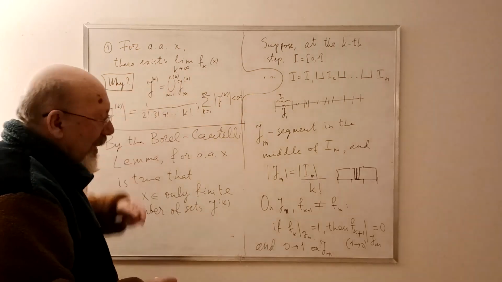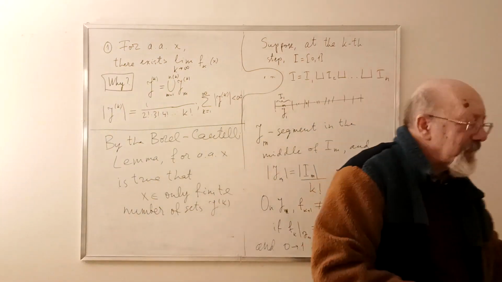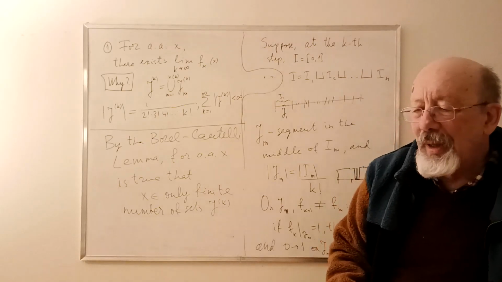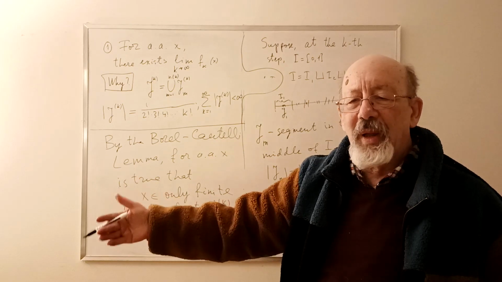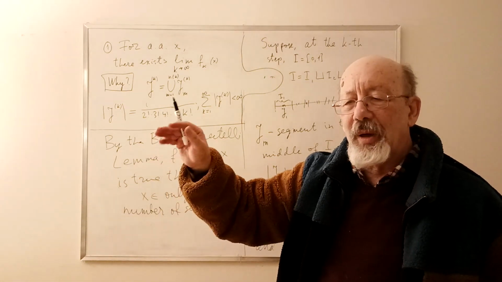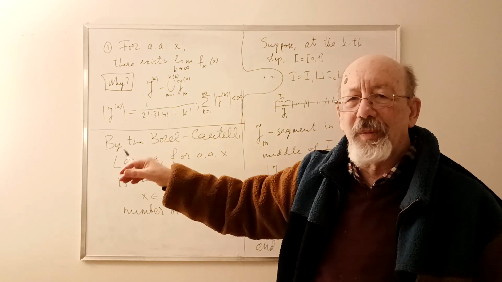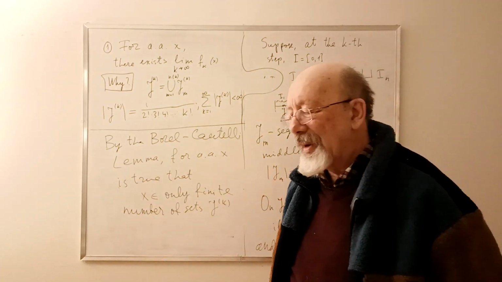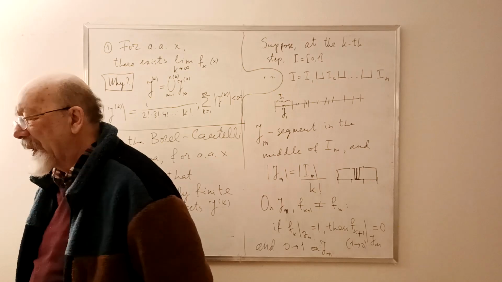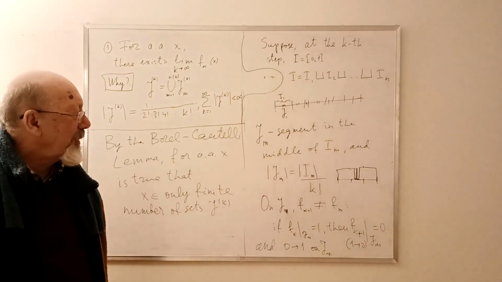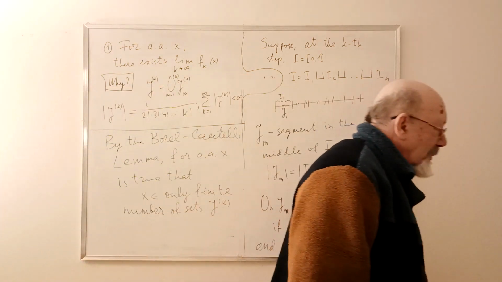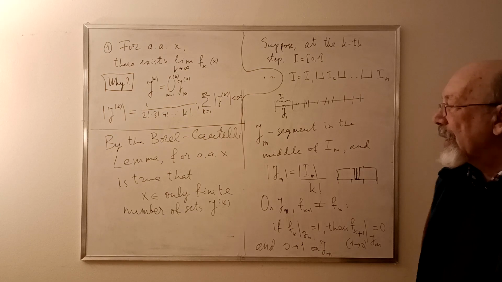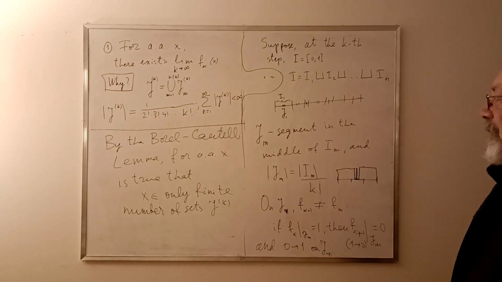This limit. And this is a Borel set because it is an intersection of a sequence of sets, each of which is a union of a finite number of segments. Yeah, it is growing but finite. So it is clear that this is a Borel set, but it is a nowhere dense... a diffuse set.